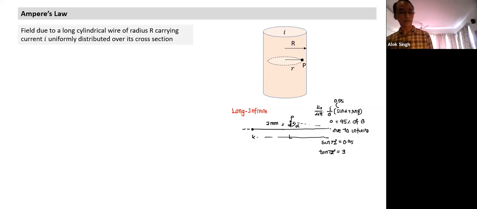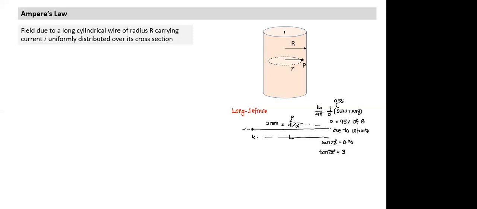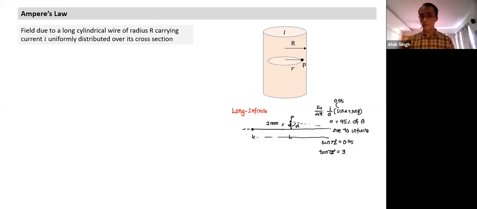Can someone put this figure together and work out the length of the wire? 12 millimeter. Yeah. So this is 3 times of this. This is 2, which means this side has to be 6 millimeter and this also has to be 6 millimeter. So even this 12 millimeter of wire will create a field equal to 95% of the infinite length.